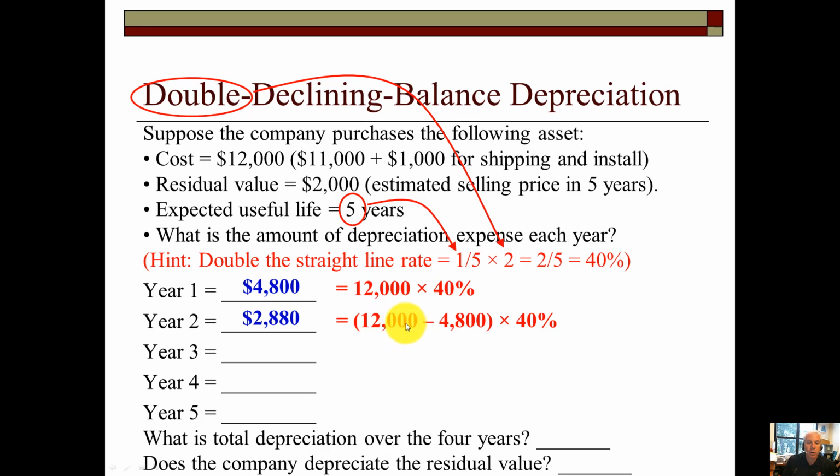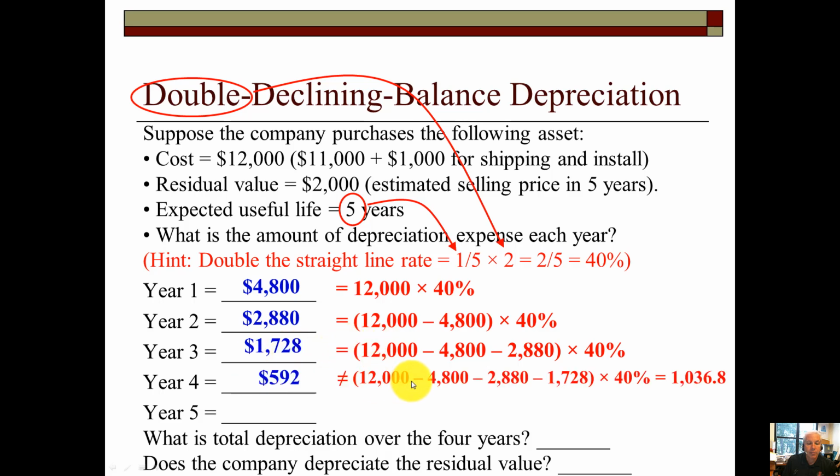So again, we have to take the cost and subtract out year 1 and year 2's depreciation, multiplied by 40%, and now the depreciation expense is $1,728. So you're seeing the pattern here. Pretty easy, right? Let's do the same thing in year 4, except now we have year 3's depreciation to add in. If we do that, we will get 1,036.80.